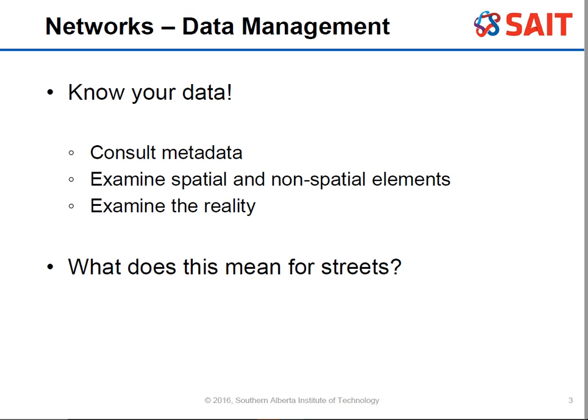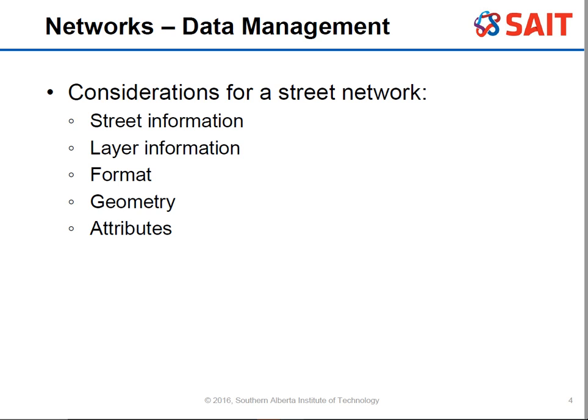Sometimes the streets it sends us on, we're like, why? Because we know the reality of what the street might be like, but the people creating the GIS often don't. So that means that we need to look and know what's on our streets if we're going to be creating a network with our streets.